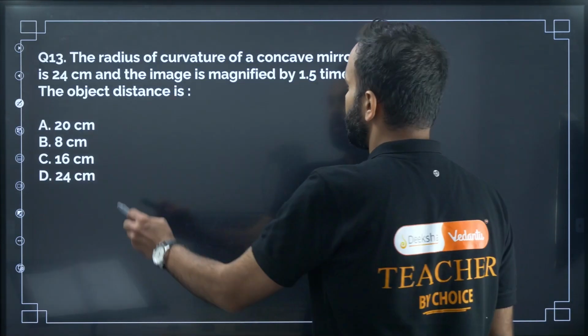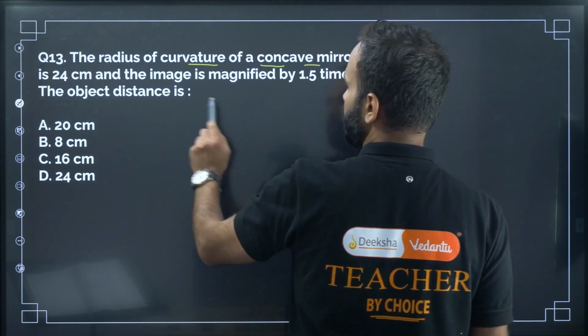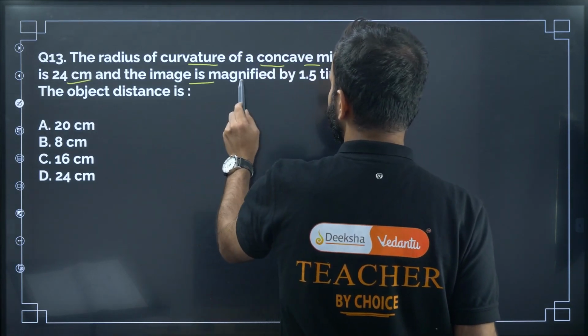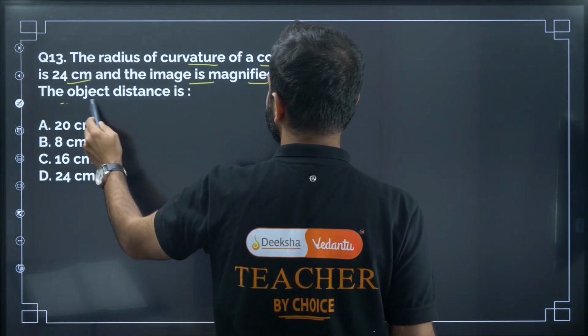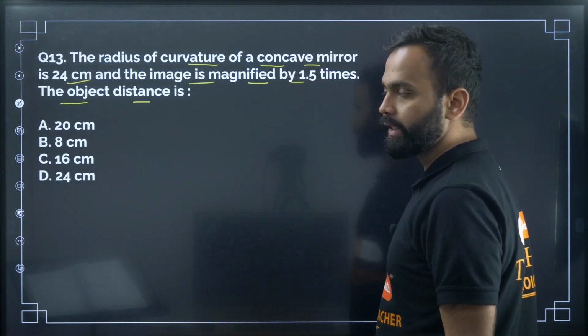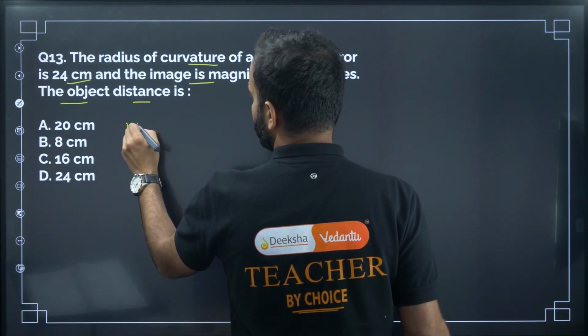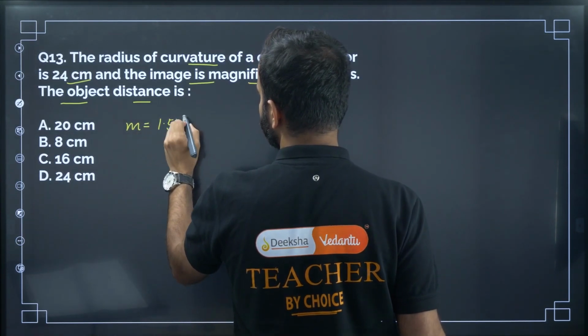Question number 13. The radius of curvature of a concave mirror is 24 centimeter and the image is magnified by 1.5 times. The object distance is? So M equal to 1.5.